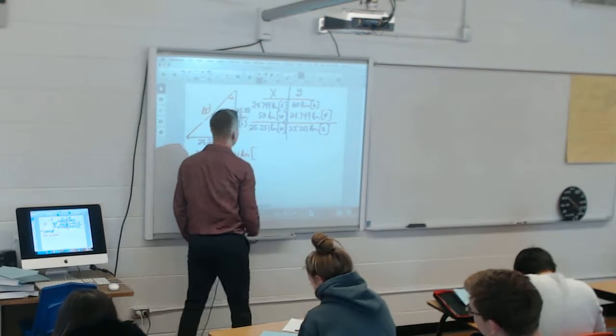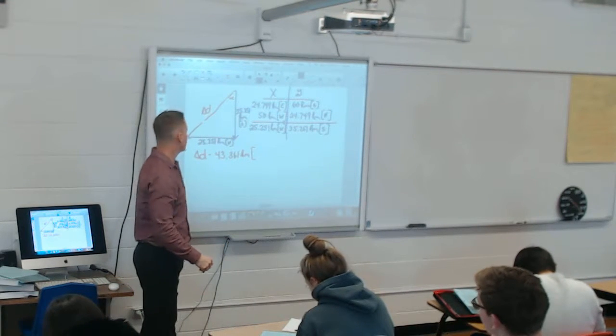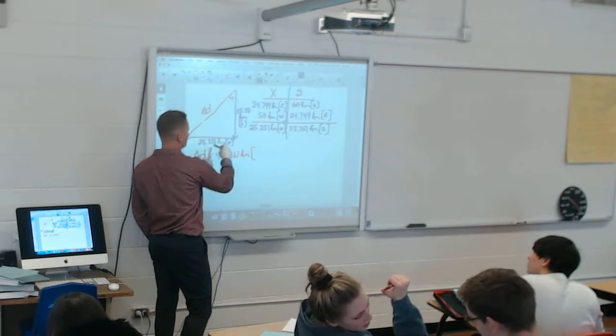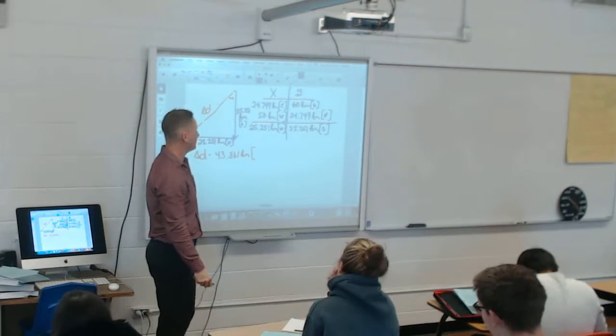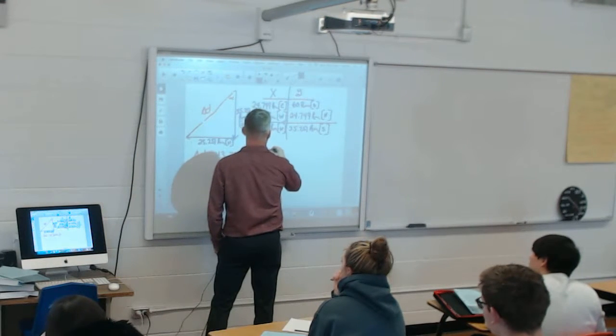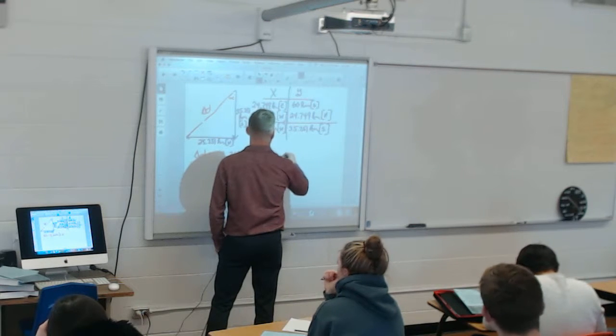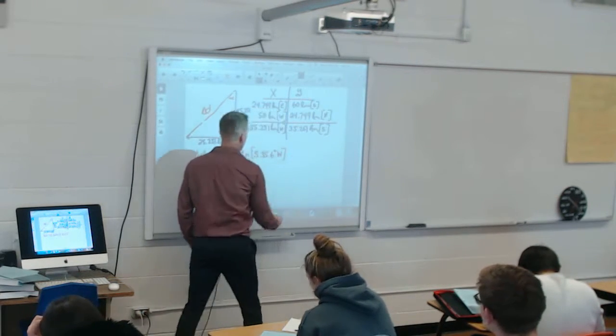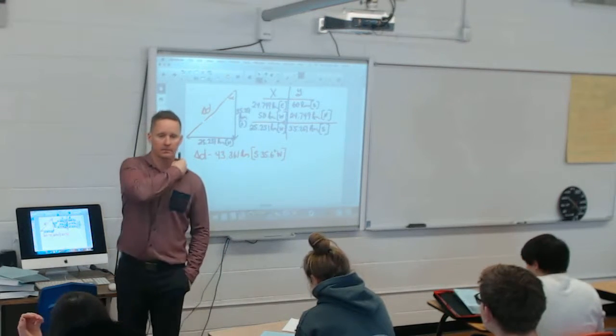Now I need my direction. So I've got to find my direction. So tan of 25.251 divided by 35.251. So 35.6 degrees west. Solve, 35.6 degrees west. Perfect.